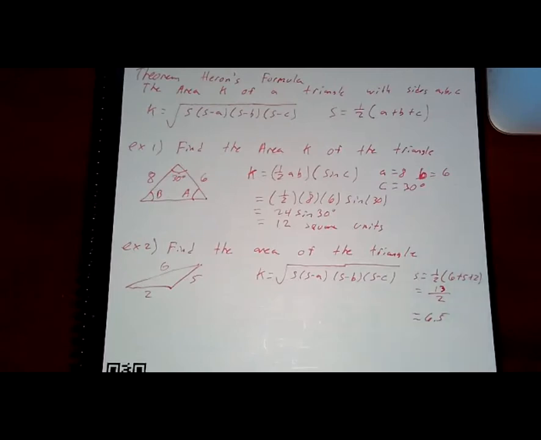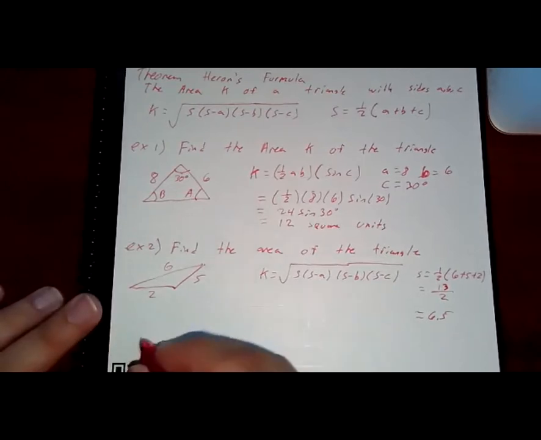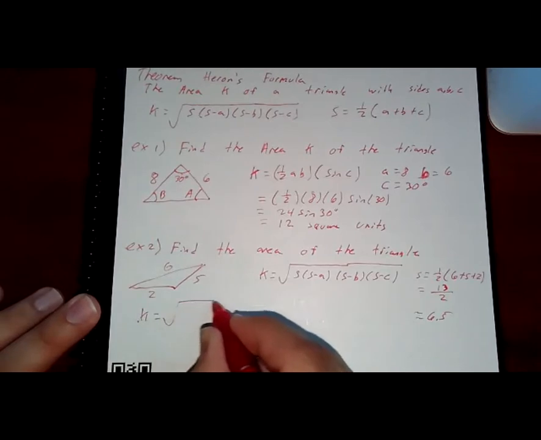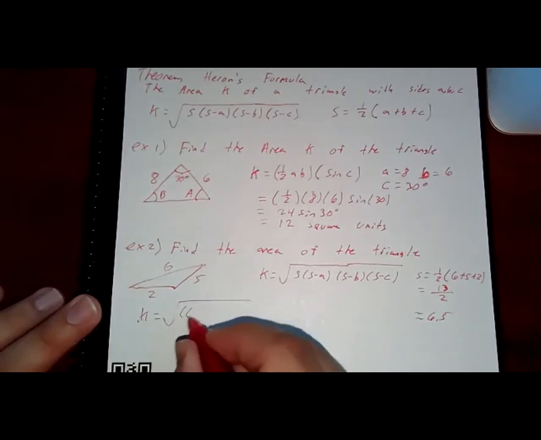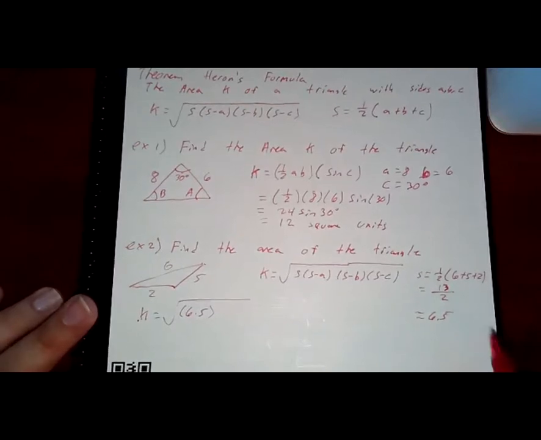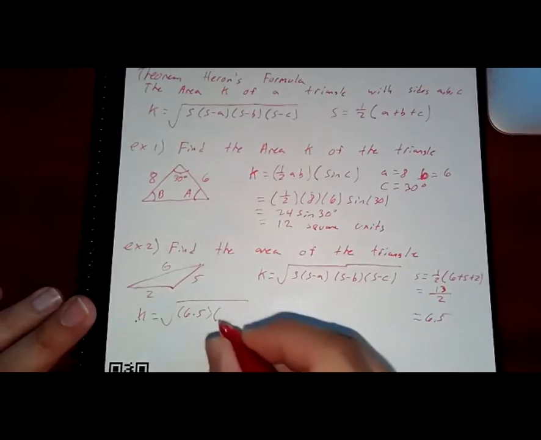Okay, so then just plug in 6.5 everywhere and your ABC, and then that's it. So the area K will be square root. I'm going to use the decimal since there's not that many decimal points, it won't mess up during rounding, and I can write less.